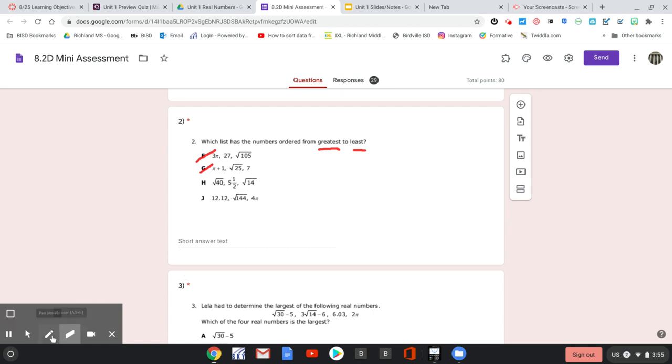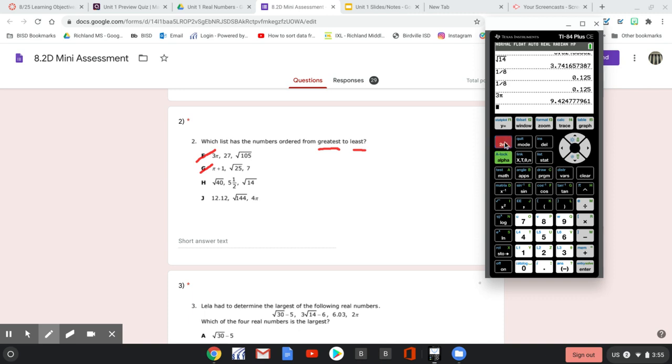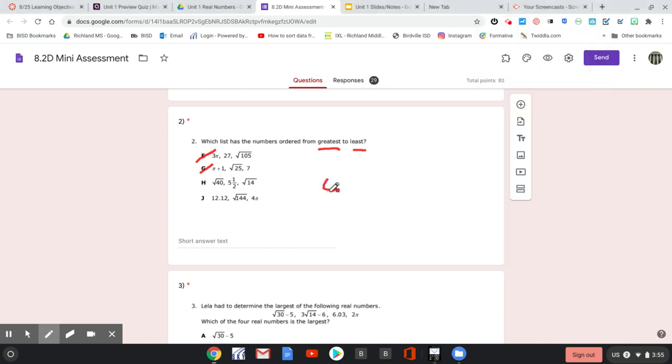And let's look at this one. We have square root of 40. Let's put that in our calculator. Second, square root 40, enter, 6.32. And the next one is 5.5.